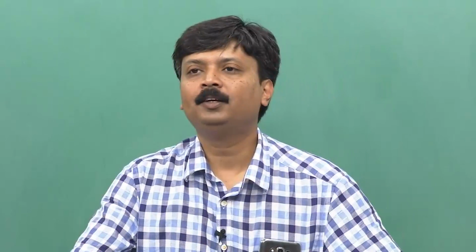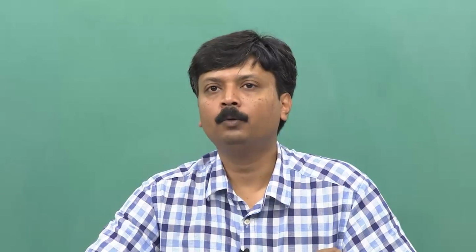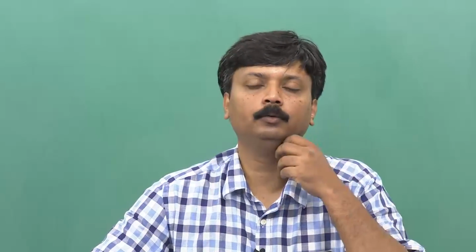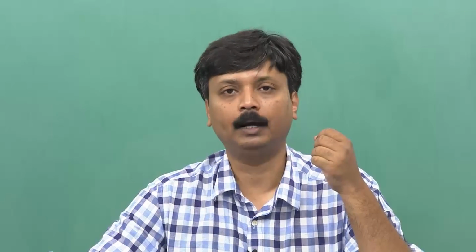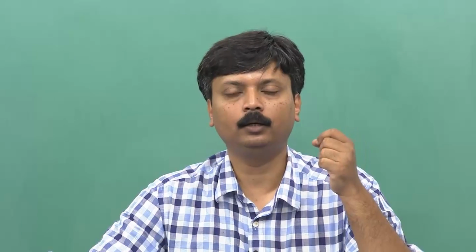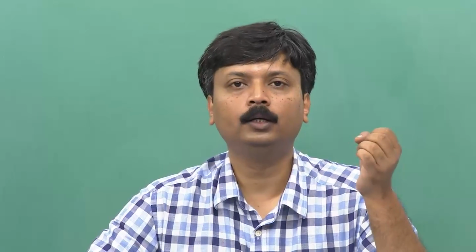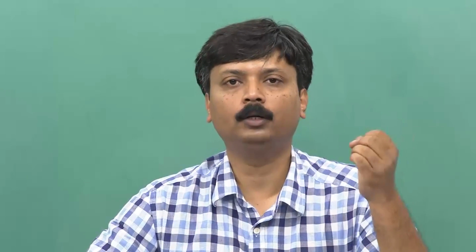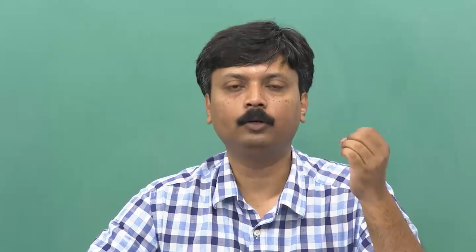Hello and welcome. We have reached almost the end of this course. In the last class, we looked at the electronic states of the naphthalene molecule. We took the SLCs formed out of the p pi orbitals on the carbon atoms of naphthalene, and filled them with electrons using Hund's rule and Pauli's exclusion principle.